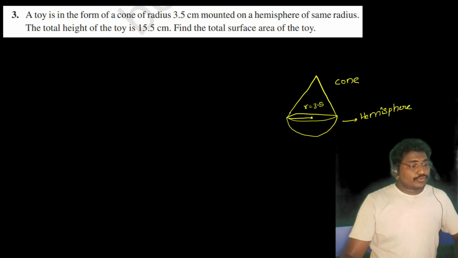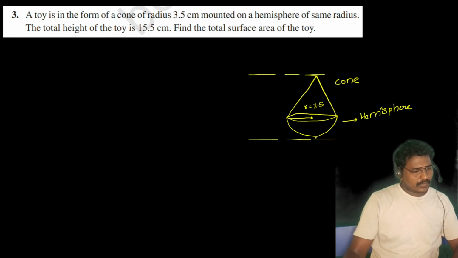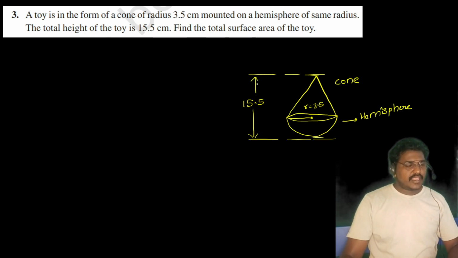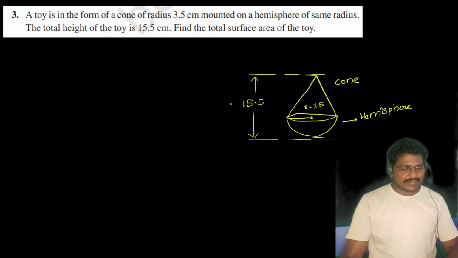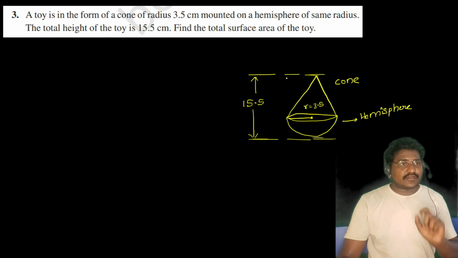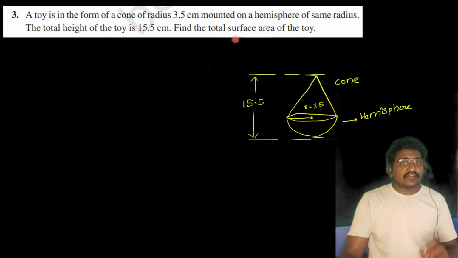Now, the total height of the toy is 15.5. That means the total height is 15.5. Now, we have to find the total surface area of the toy. Now, here you will be confused by the word total surface area.